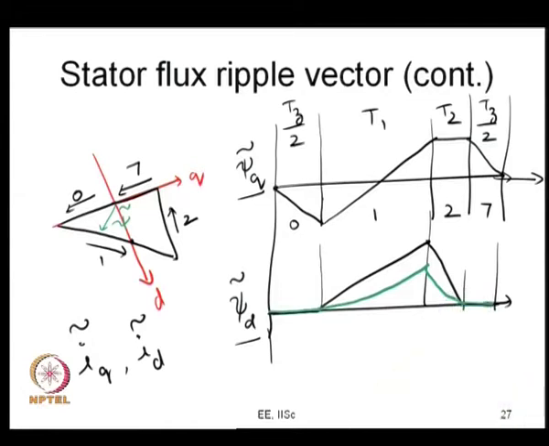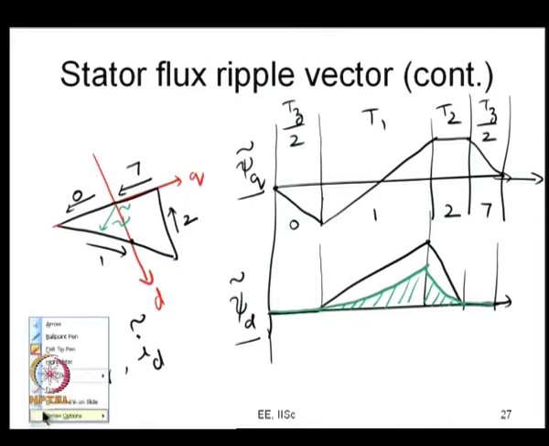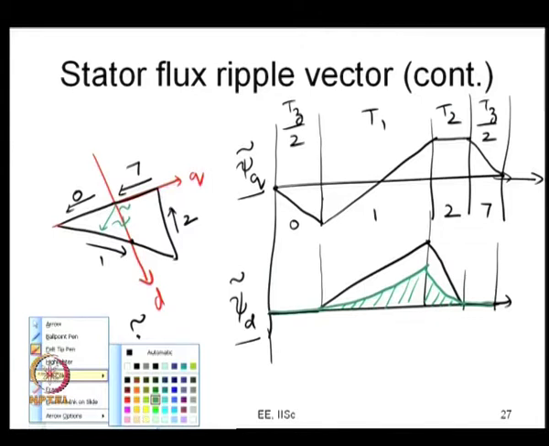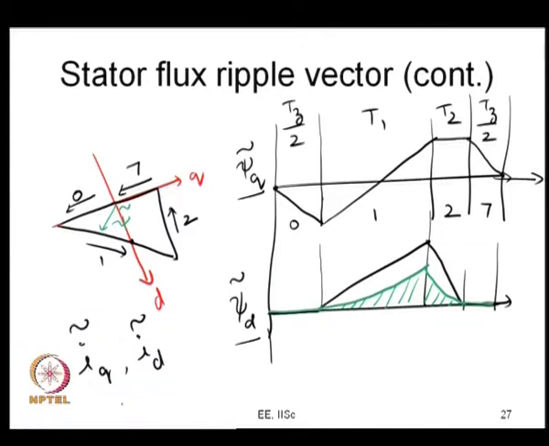And what I need to do is compute the areas under these parabolas. How can I compute the area under these parabolas? There are some simple ways available. So, let me choose yet another color here. Let us say there is a rectangle.